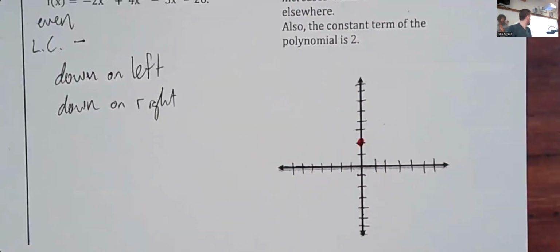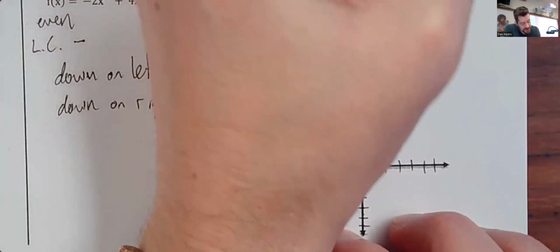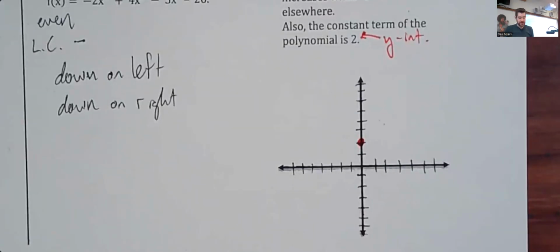That's what that means. That's the y-intercept. All right. Let's see. This graph is increasing between -3 and +5. All right. And then decreasing elsewhere.